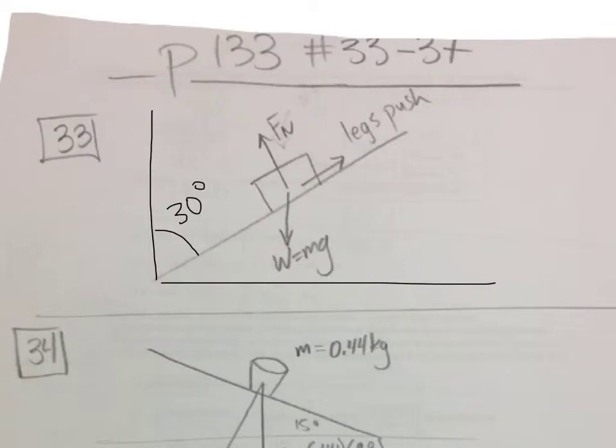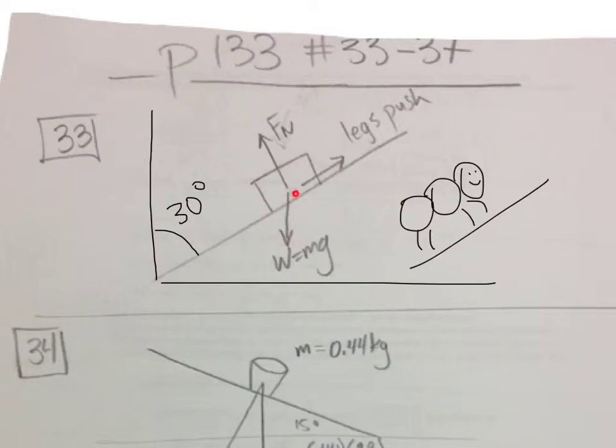But here is a free body diagram where we have the ant, here is our box ant. We have a force downward, that's the weight or the pull of gravity.